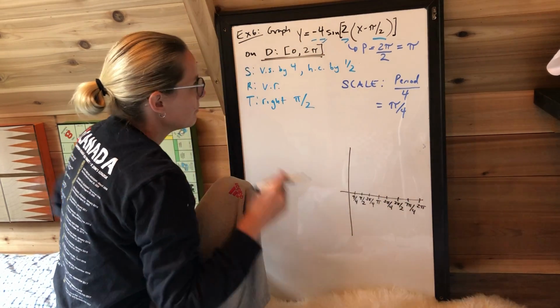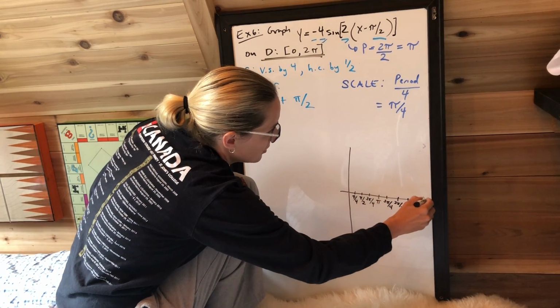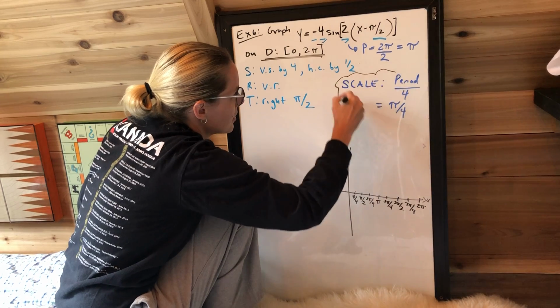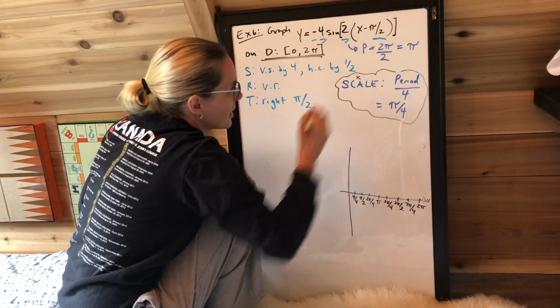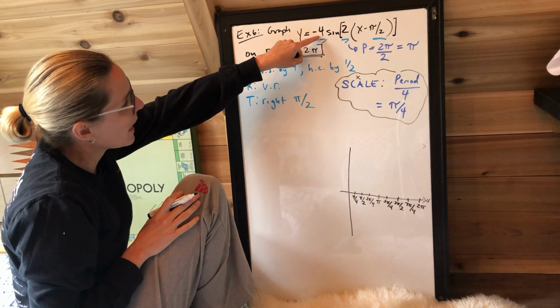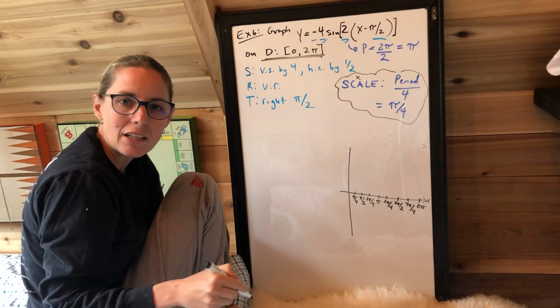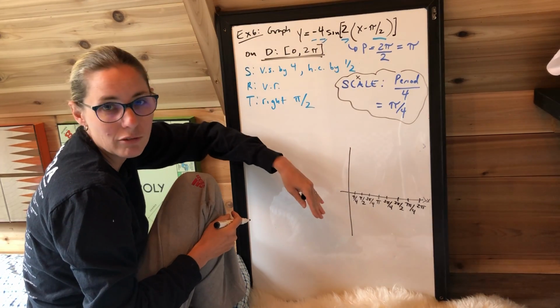Good. Now the other thing we have to be aware of, so this is our x scale, all to do here. This helps us with our x scale. Our y scale is directly related to this amplitude. So the amplitude is 4, which means instead of just fluctuating between 1 and -1, it is now fluctuating between 4 and -4.